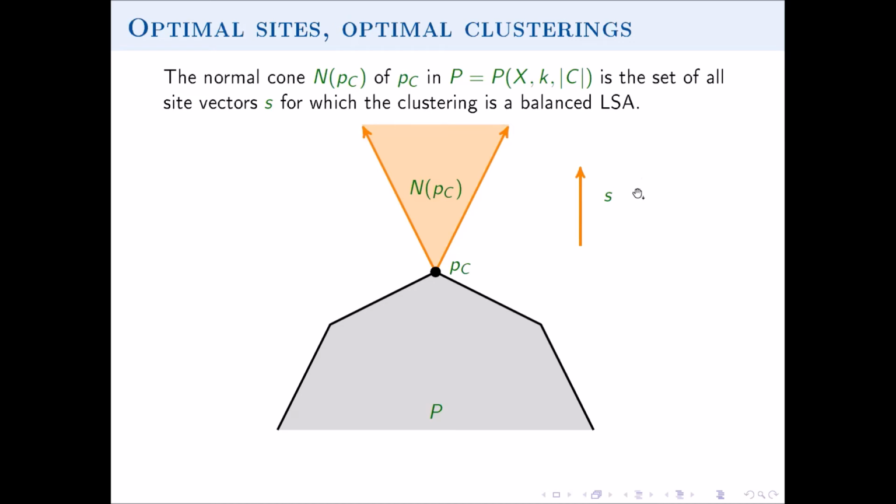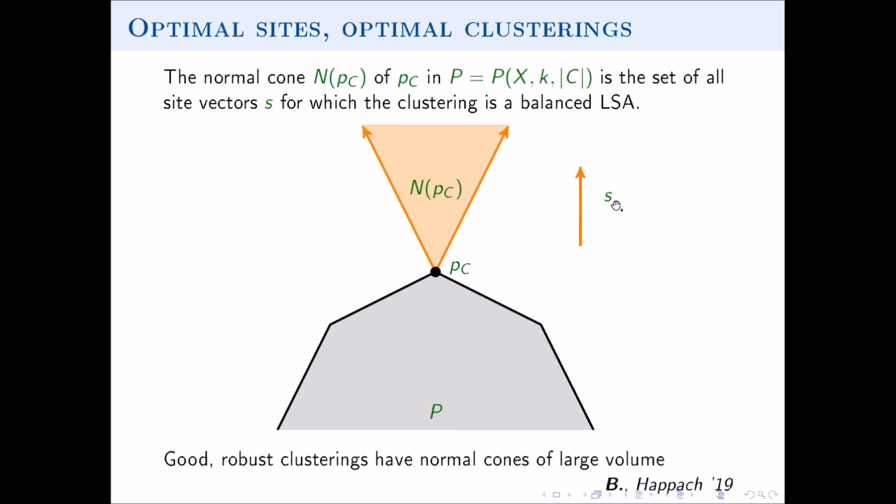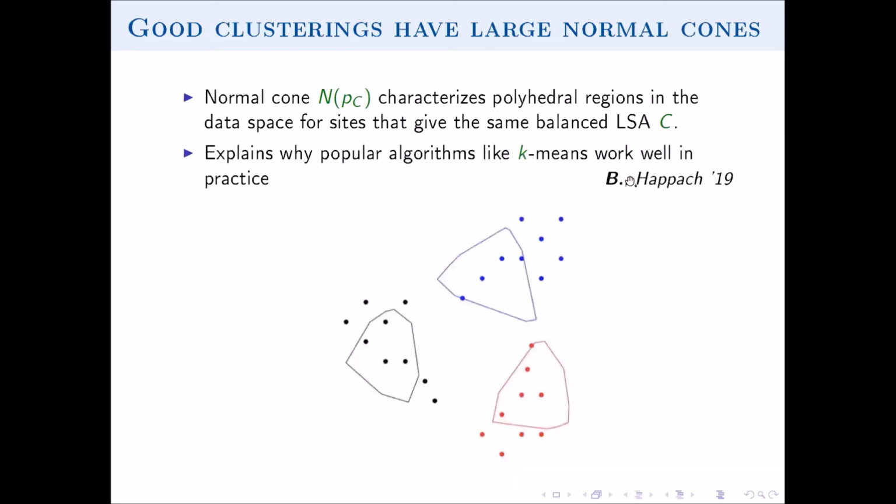And this has a couple of consequences, but the first immediate one is that having a large normal cone is, in its own right, a sound criterion for a good clustering, a robust clustering. So we can go into a bit of detail here.